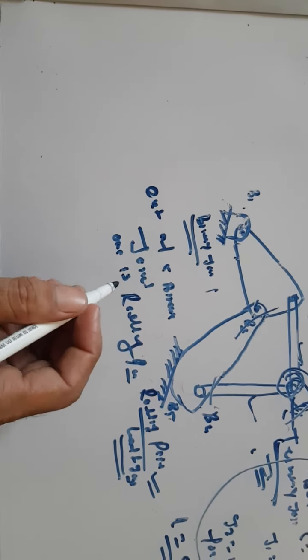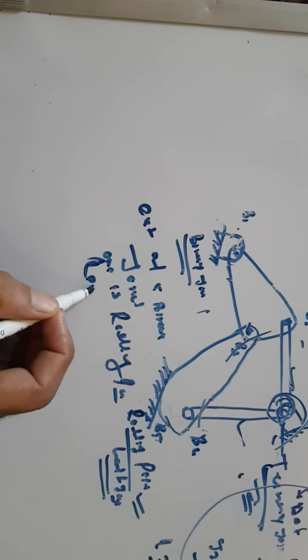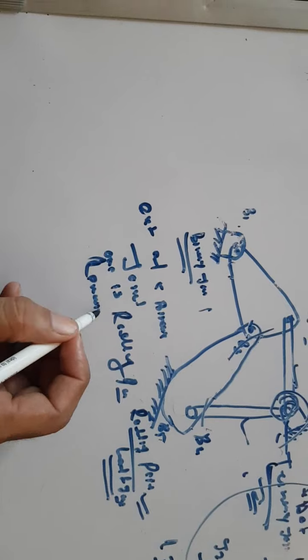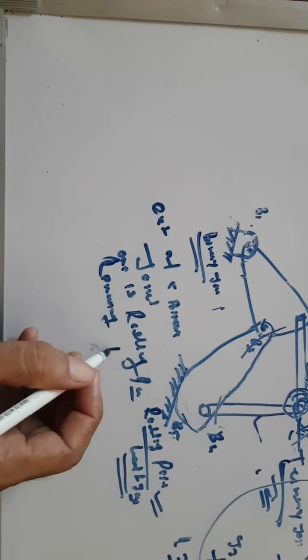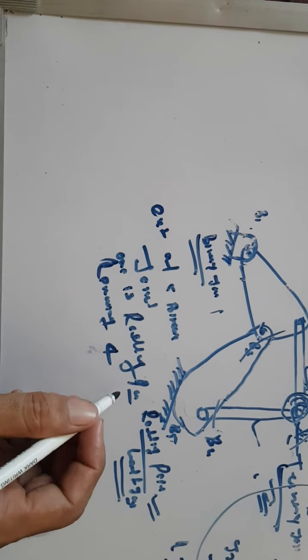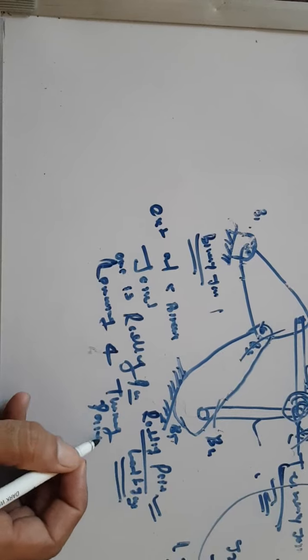Out of 5, one is a rolling pair. So the remaining 4 are what? The remaining 4 are turning pairs.